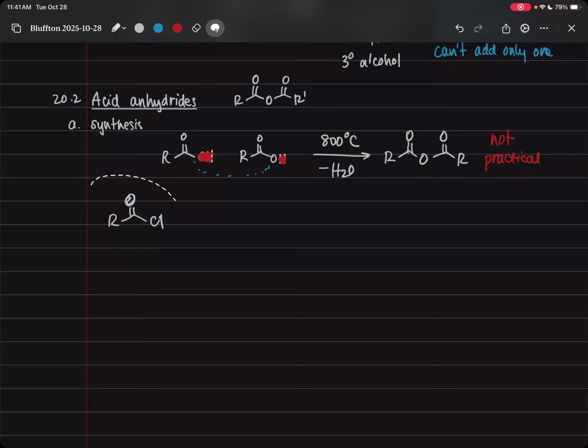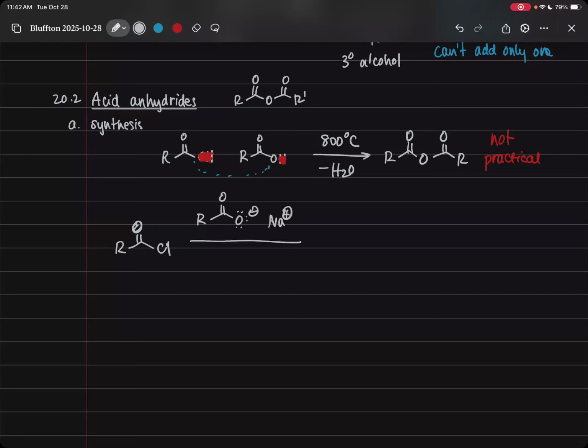Now what we need is, rather than a carboxylic acid, we're actually going to use a carboxylate salt. So this is just a carboxylic acid that's been neutralized with sodium hydroxide or something like that.